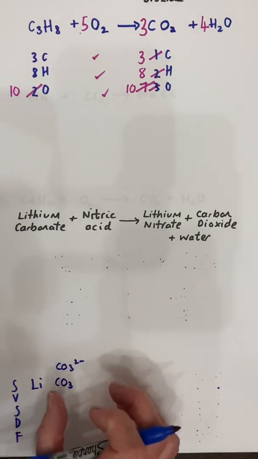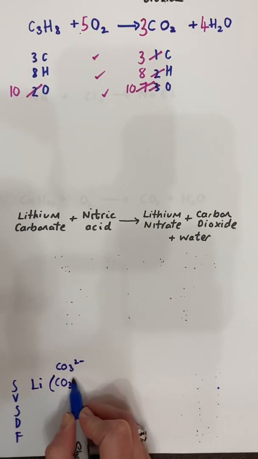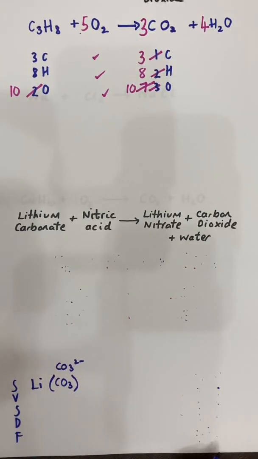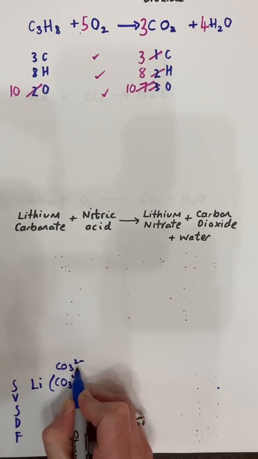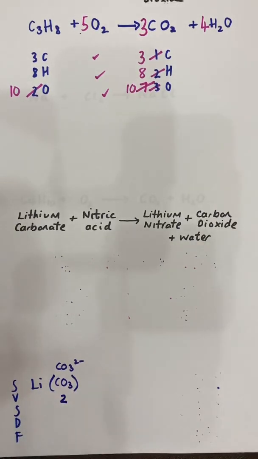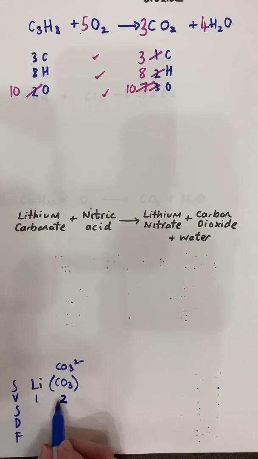So carbonate, if I write it up here, CO3 2-. But I then need to split that, and I keep my symbol in a bracket, CO3, and I use the size of the charge to give me my valency. Again, this is covered when we do formula writing. My valency for lithium is normal, it's in group number 1, so its valency is 1. Very important with group ions, we keep the bracket there. I now swap, so 2 to 1.